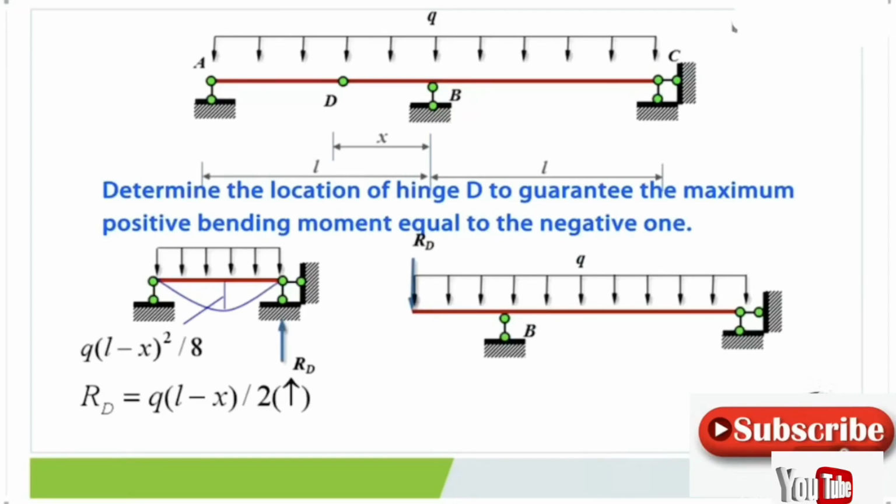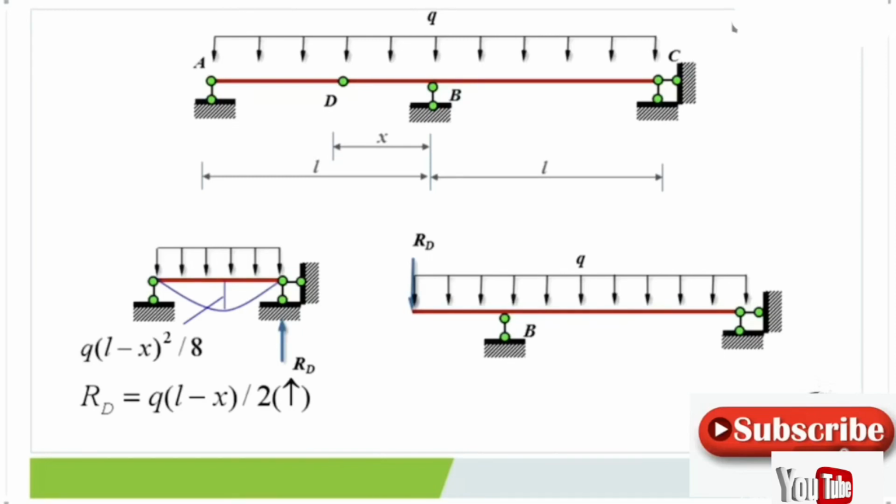Then for the main portion, DBC, there will be a reaction at hinge D. RD is downward, and the DBC part is under the action of uniformly distributed load Q. Then we could solve MB equal to half of QX squared plus RD times X. RD is equal to Q times (L minus X) over 2, times X. For section B, according to the direction of RD and Q, we could determine that the upper side is in tension, so that's a negative value of bending moment.